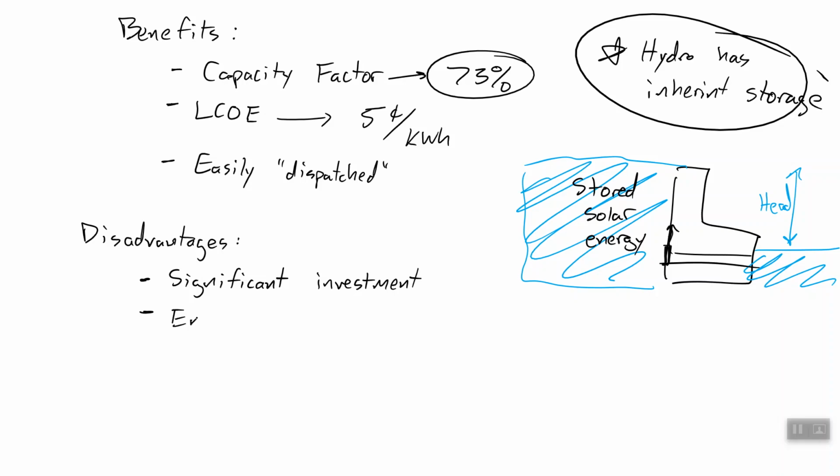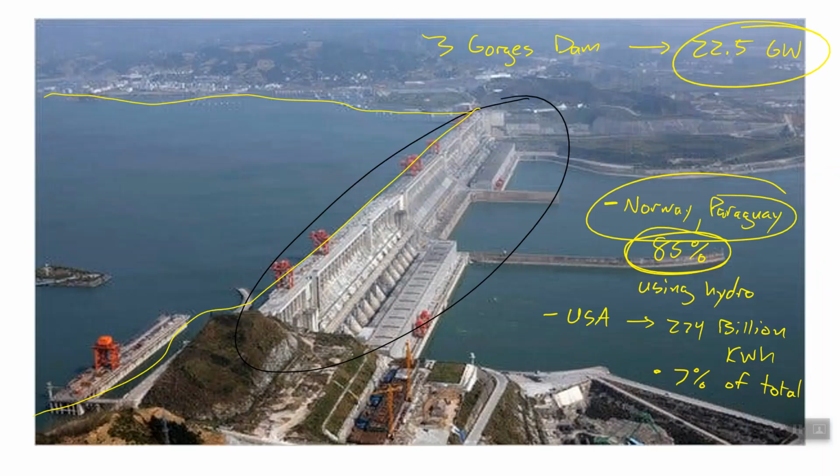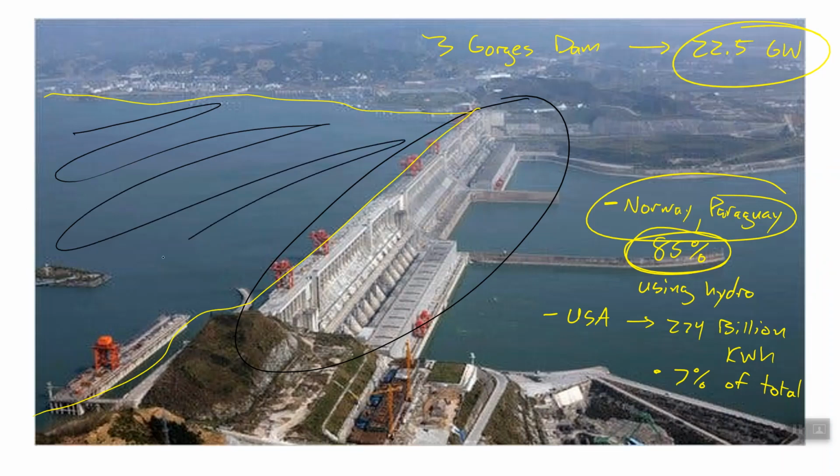But in today's day and age, perhaps even worse is environmental damage. Let's go back to the Three Gorges Dam, right? All of this did not used to be water. It used to be something else, and then it was water. And plants and the ecosystem do not like it when you change something that wasn't water into water. And so big dams cause a lot of problems.